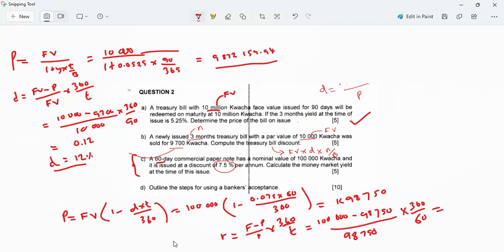So our money market yield in this case becomes what percentage? 7.5 or 7.6%. All right. So this is how we calculate our money market yield.